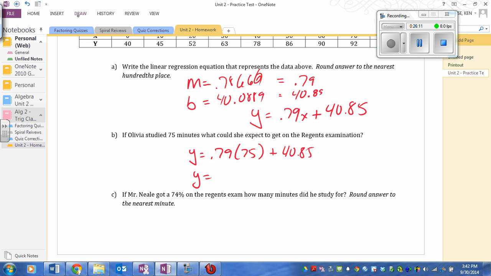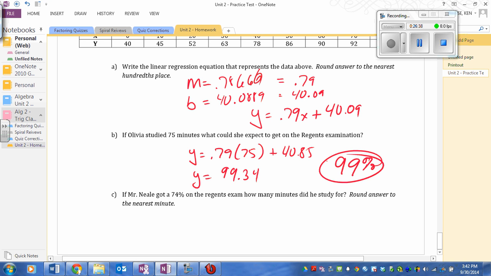That doesn't even make any sense. Jeez. Tired kids. Right. 40.09. So it's 99.34. So he would get a 99%. Should have studied for another couple minutes.